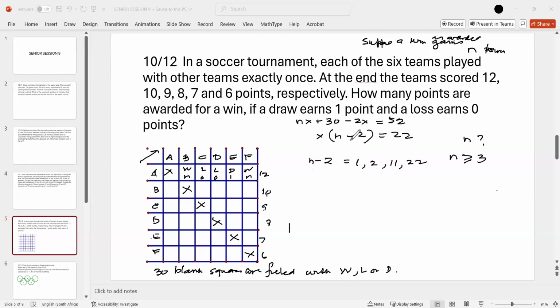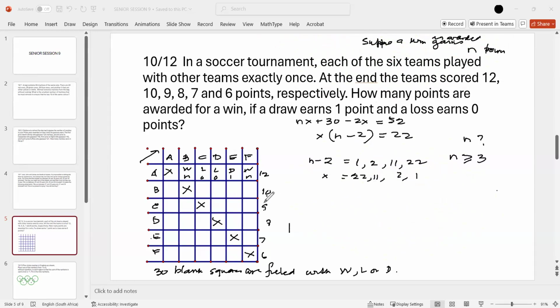Then if n minus 2 is equal to that, x in that case will be 22 or 11, 2 or 1, because x times this is 22.